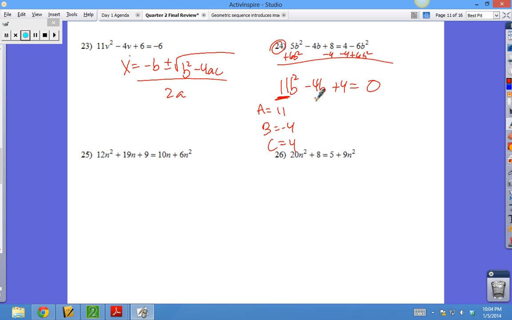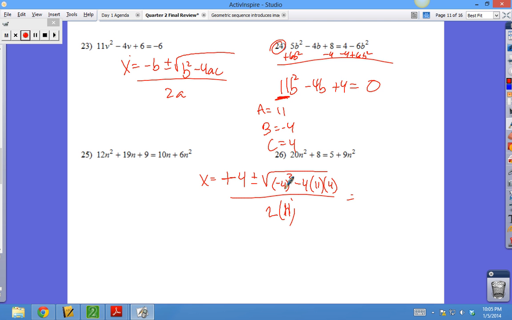So there we go. x equals negative b. Our b is already negative, so that's going to turn it to a positive. Plus or minus the square root of b squared. Put that in parentheses or you're going to miss it. Minus 4 times a times c, all over 2a. That's 11. Now, if you just want to, let's do this in your calculator: parentheses, negative 4 squared minus 4 times 11 times 4.